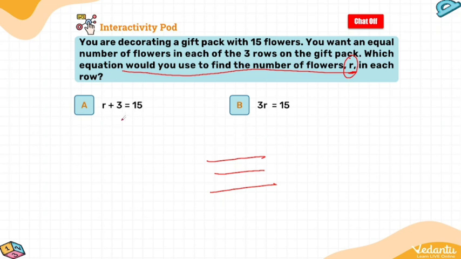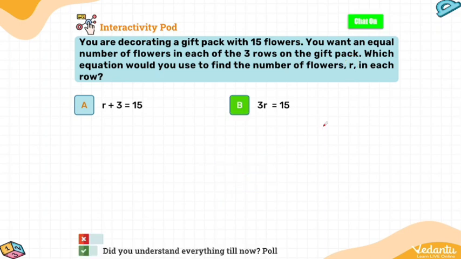Will it be R plus 3 equal to 15 or 3R equal to 15? Think upon it. But let's see what the answer is. Yes, if you have thought it as 3R equal to 15, it's absolutely correct.